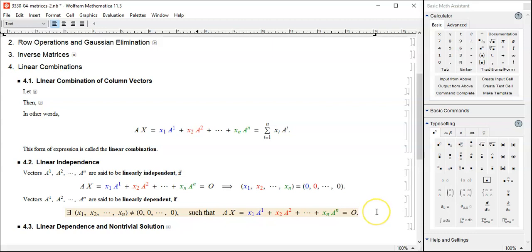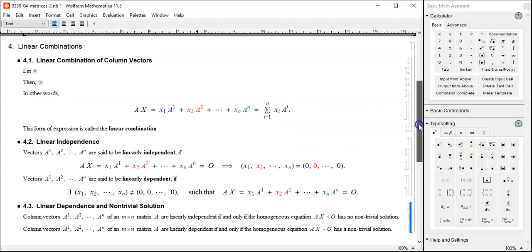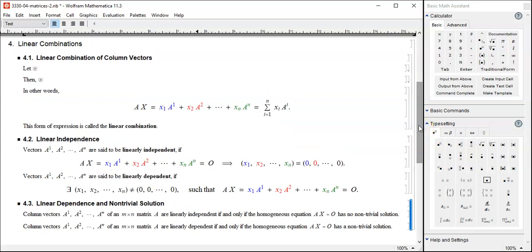Now, let's get some closure out of it, and that's this one. Linear dependence and linear independence are related to having the trivial solution only or non-trivial solutions possible. So what does this one mean?